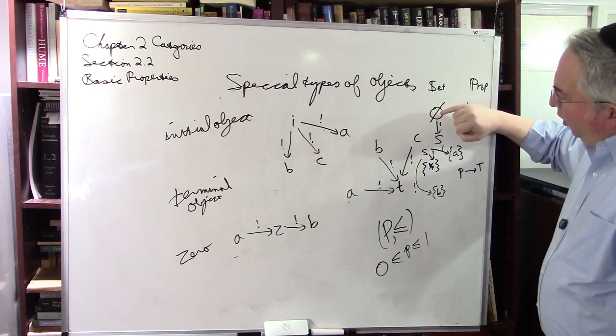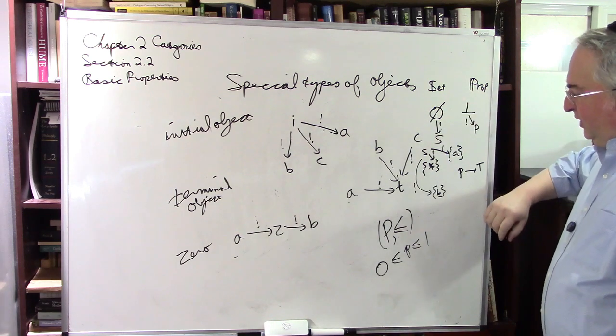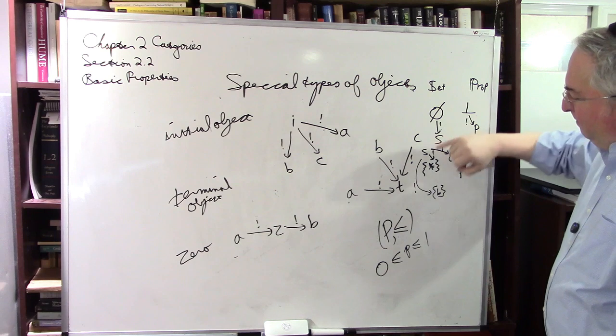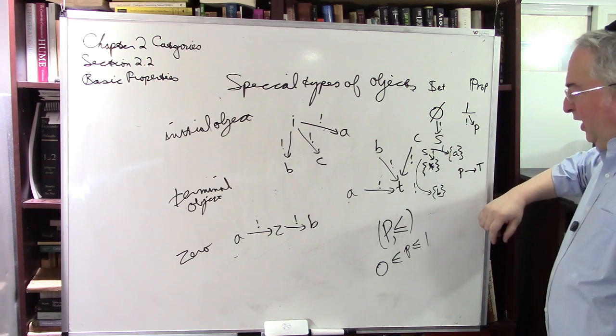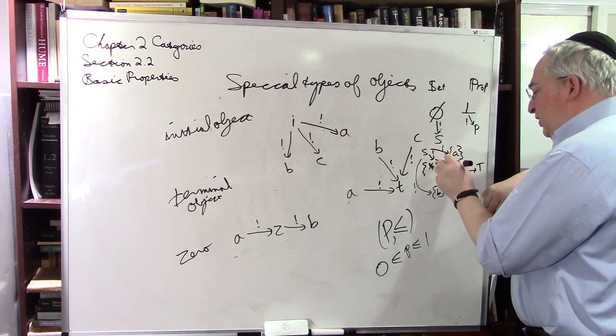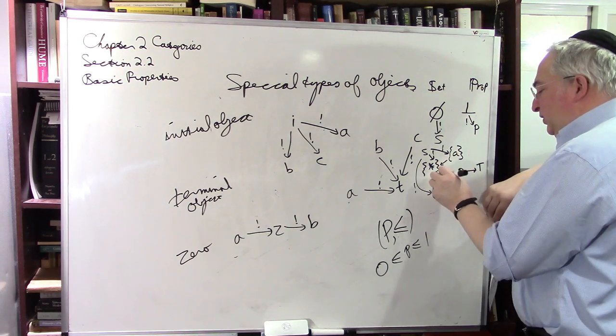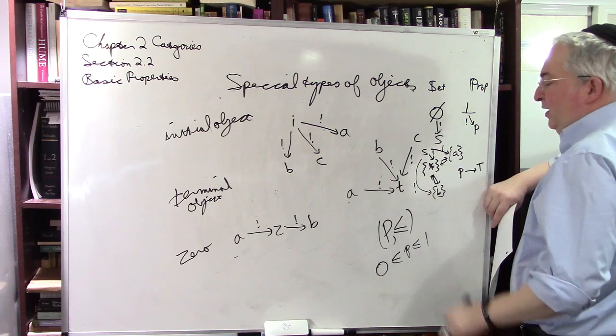Okay, now let's talk about something important. There is only one initial object in the category of sets, but there are many, many terminal objects in the category of sets. I want to know what the relationship is. Well, it turns out that between any two terminal objects, there's exactly one isomorphism.